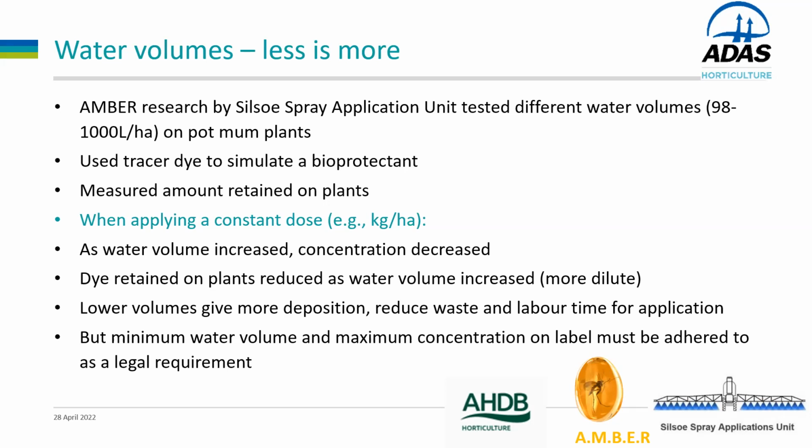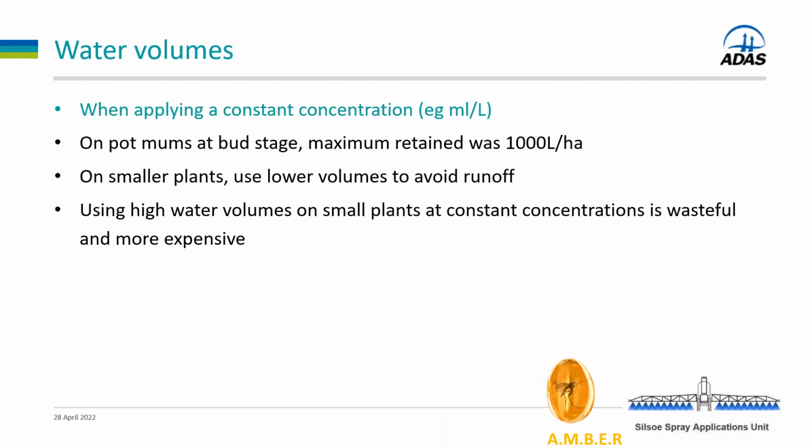And because water's on tap in ornamentals, people tend not to think about the time and cost for stopping to fill up, but it all adds to costs. But you need to stick with the label, even if you are looking to reduce water volumes, and not contravene the label, because what's on there is a legal requirement. Okay, next slide. I'm nearly finished, Chris.